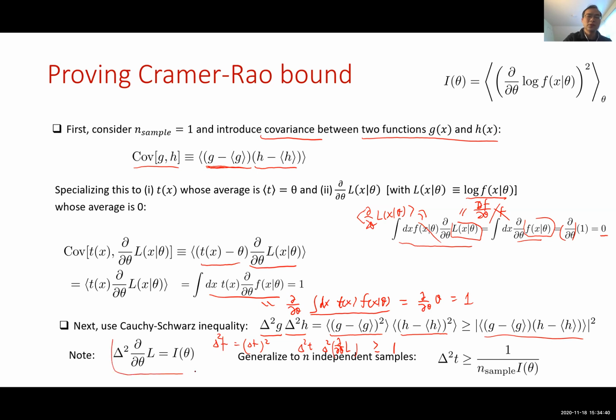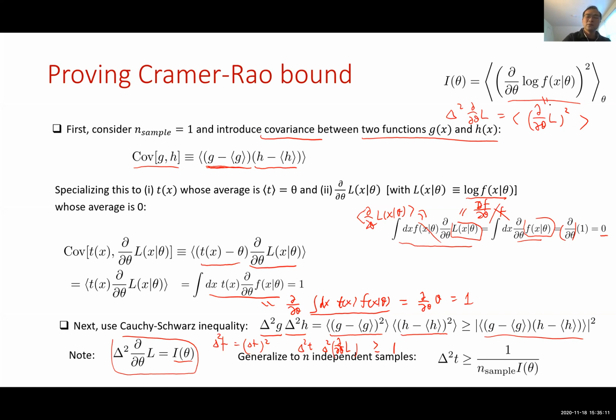But I want to note that this is the Fisher information as defined here. Because delta L squared, this is defined as the expectation of the derivative of L squared, because its expectation value is 0, and that's just by definition, that's this.